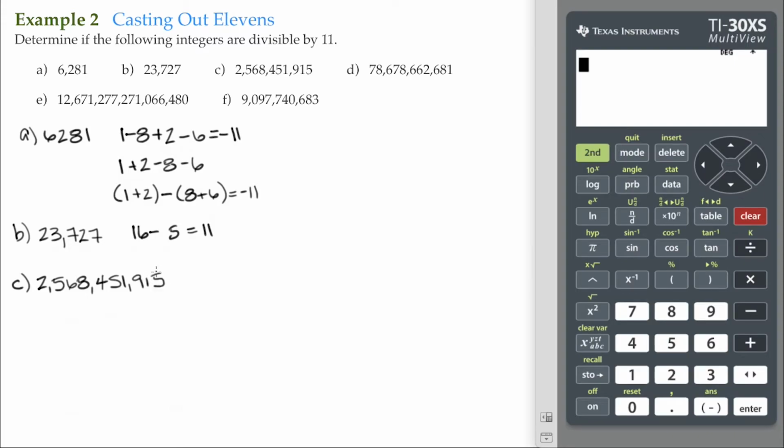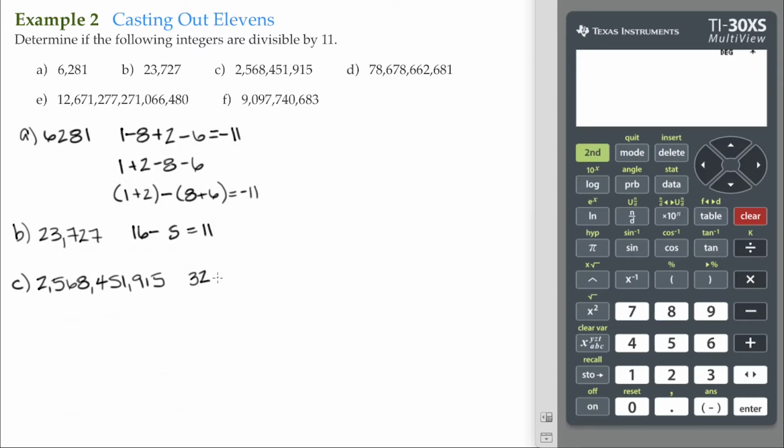2,568,451,915. Start at the right and we'll count backwards every other digit, 5 plus 9, that's 14. Plus 5, that's 19. Plus 8, that's 27. Plus 5, that's 32. We'll then take the next to the right digit here. 1 plus 1, that's 2. Plus 4, that's 6. Plus 6, that's 12.